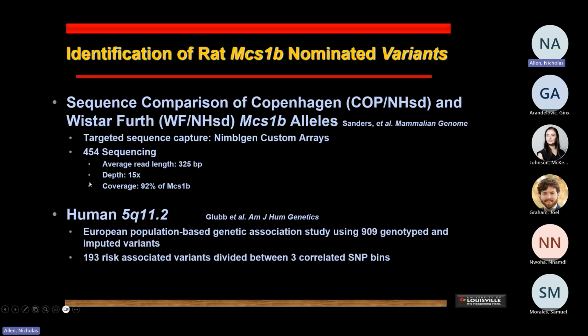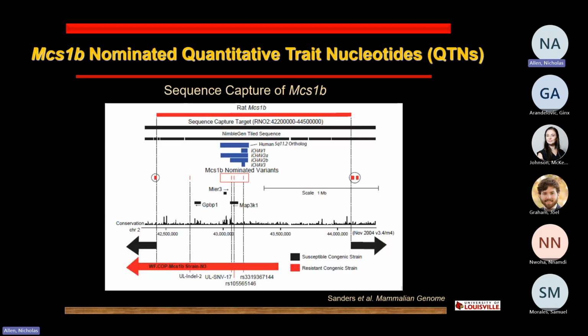So we did that a while ago with some older technology called 454 sequencing. And what we found was there were quite a few variants on the edge of where we thought the rat QTL is, but within the center here, in this orthologous region with the human susceptibility allele, we have 3 variants between the rats.